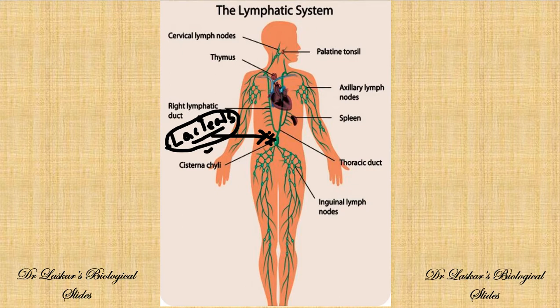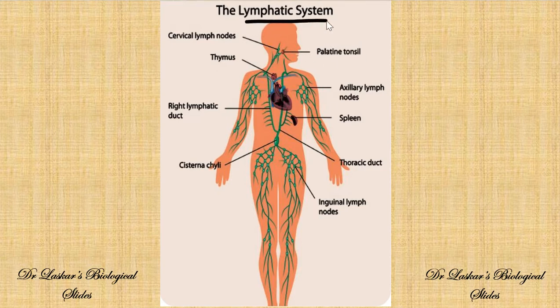Now this lymphatic system plays an important role in the body's defense mechanism. It filters out disease causing microorganisms, virus, bacteria, protozoans. It also inactivates the toxic material released from the microorganisms.